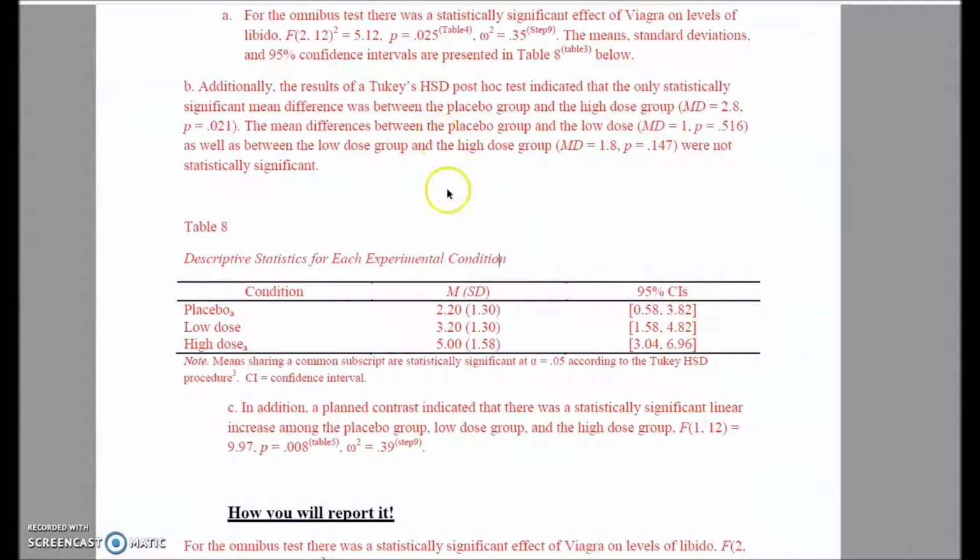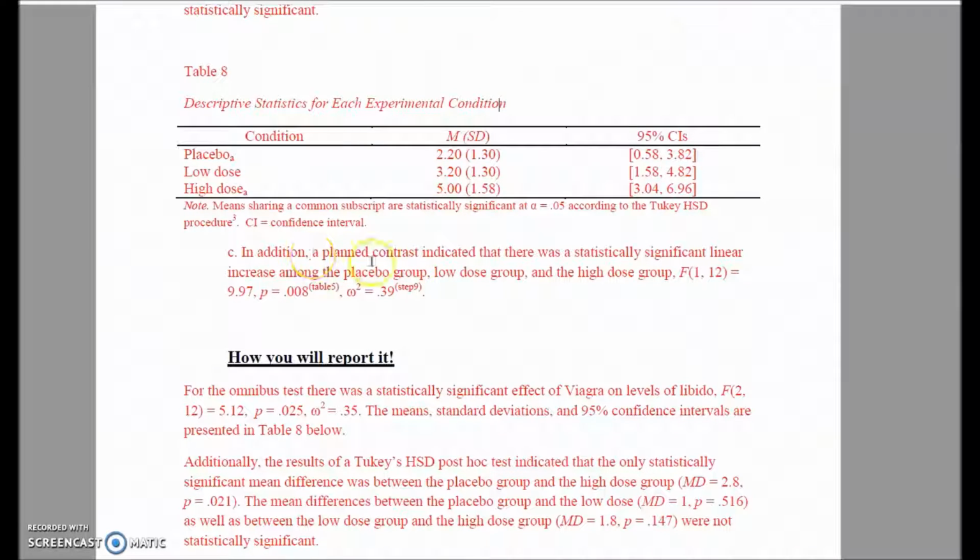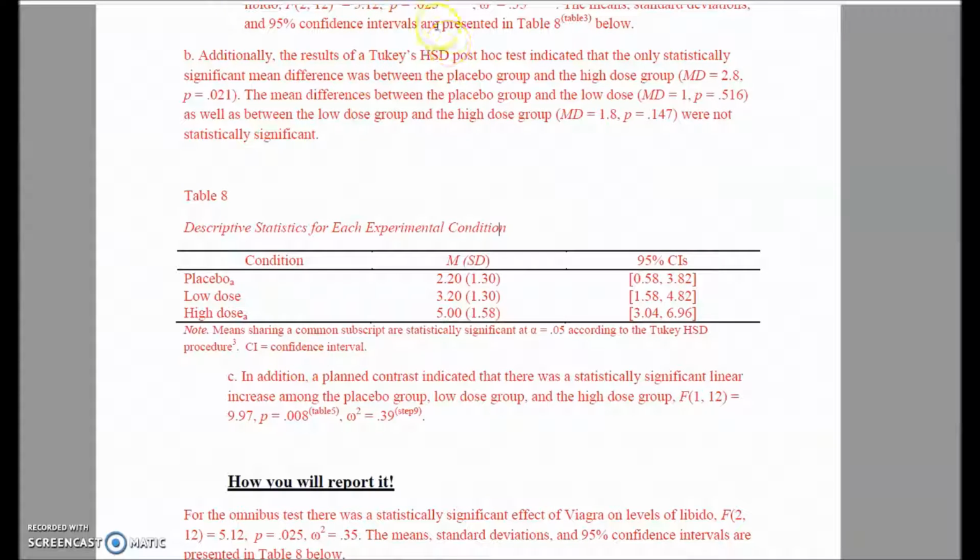So here is when I report the post hoc and the ANOVA. But when I do the planned contrast, then I say planned contrast. So in addition will come right after the ANOVA, okay? A planned contrast indicated that there was a statistically significant linear increase among the placebo group, low dose group, and the high dose.